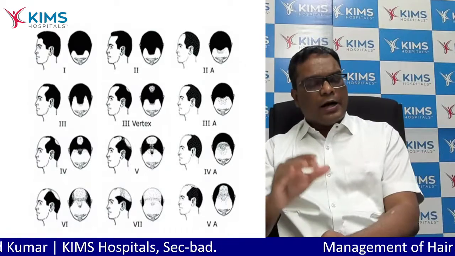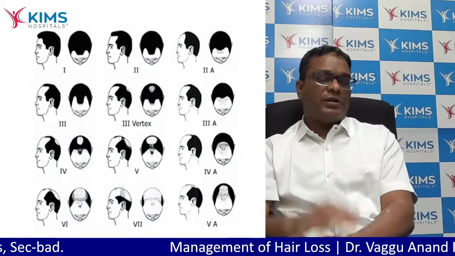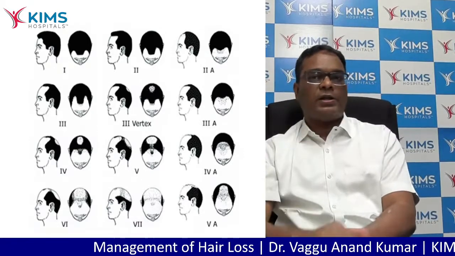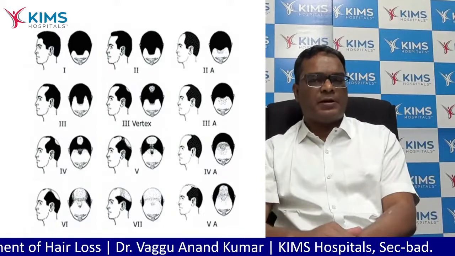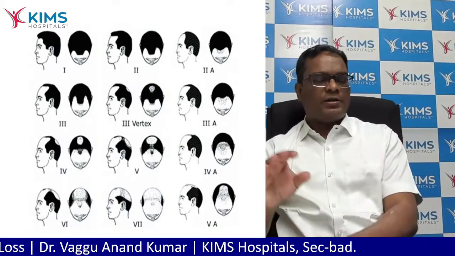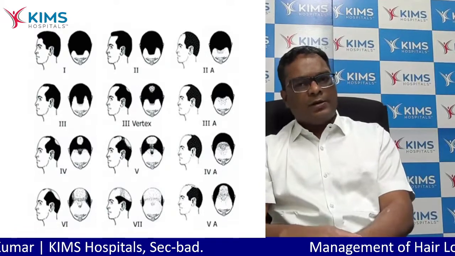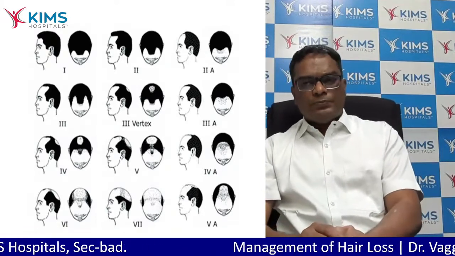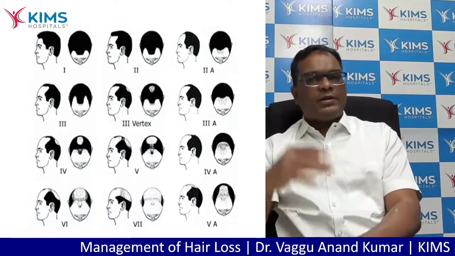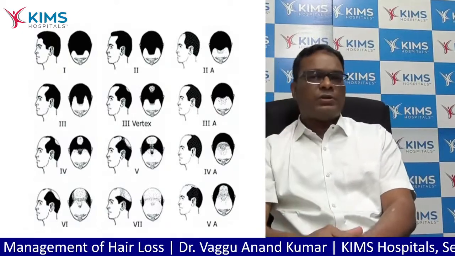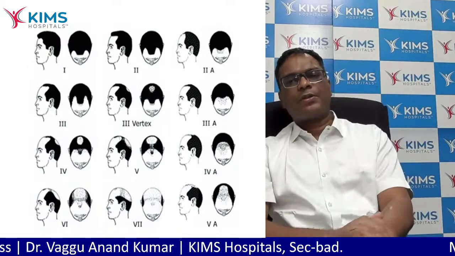In grade 6 and 7, there should be enough strong, thick donor area. If it is not there in grade 6 and 7, we won't do the transplant. Up to grade 5, if the donor area is very thick and stable, then we can take them up for hair transplantation. Even after the transplantation, if any thinning of hair is there over the mid skull, we will recommend minoxidil to continue afterwards also.